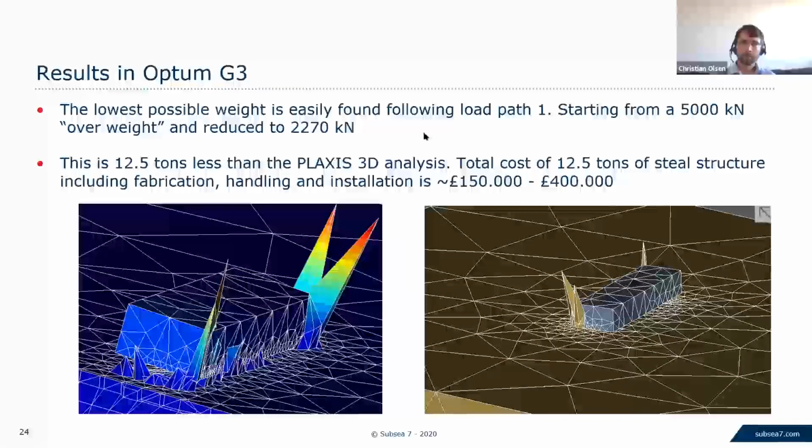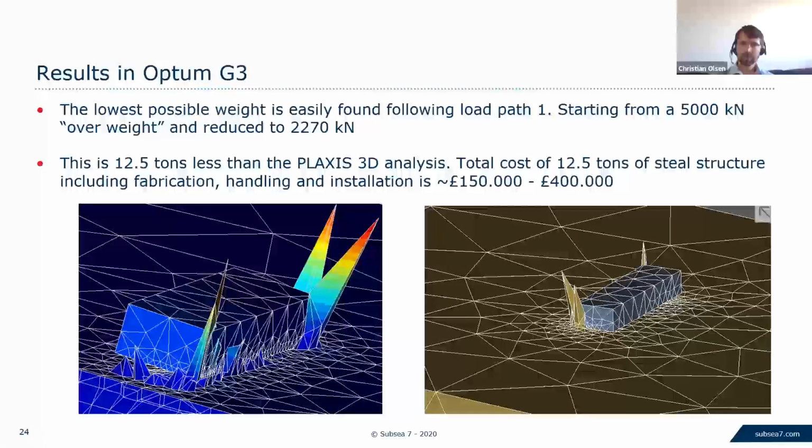So I started with an overweight and then reduced the weight down to 2,275, I think I wrote in the previous slide. So that's roughly 12.5 tons less than the PLAXIS 3D model. I will admit that for PLAXIS 3D, I should have come up with more guesses and kept going until I reached the lowest possible. But it is time consuming, especially compared to Optum.